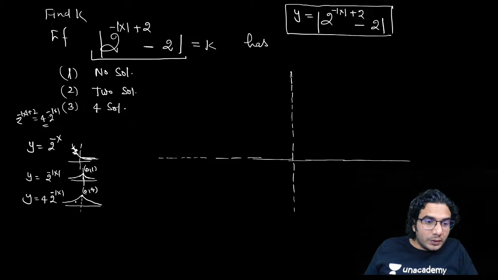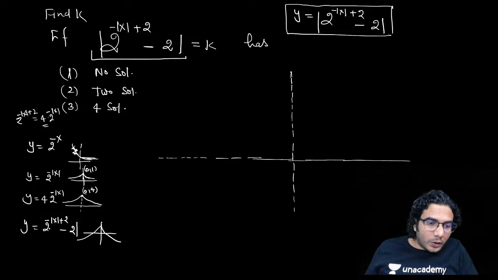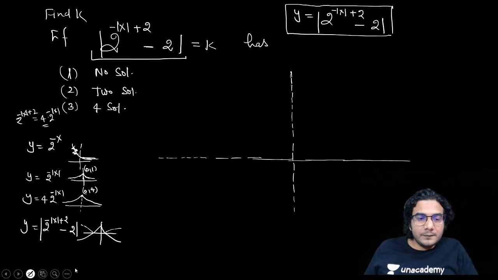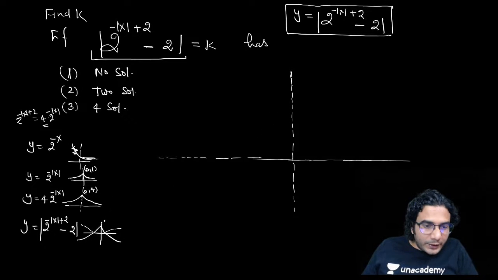Then minus 2. If you do minus 2, this is y is equal to 2 raised to minus mod of x plus 2, and then you do an overall subtraction of 2. So this graph will go down by 2 units, like this. And then you need to put mod. If you put mod, then this part of the graph will come up, and this part will come up too. So finally, this point is going to be 0, comma 2, right?